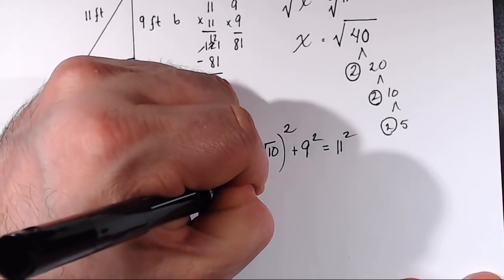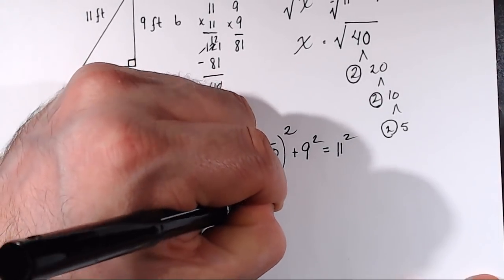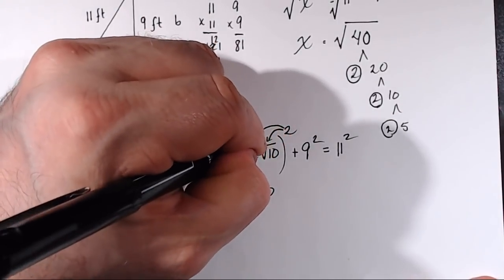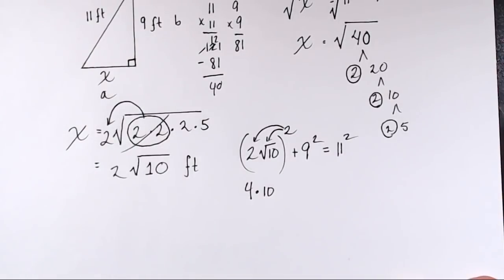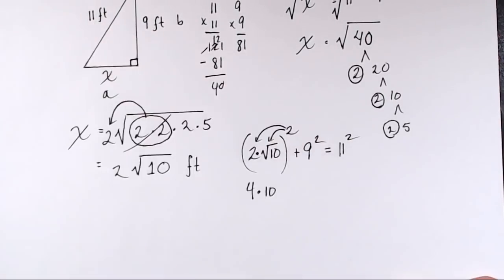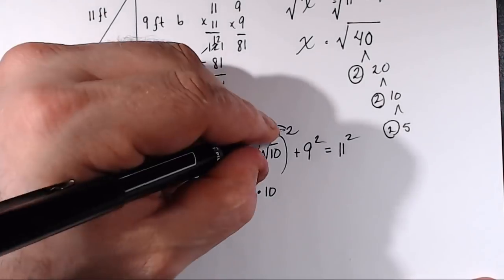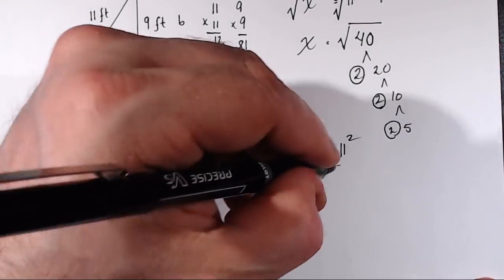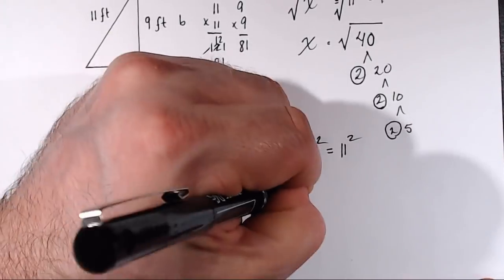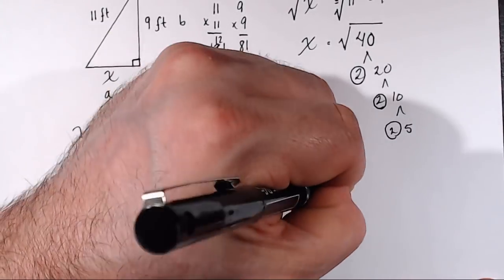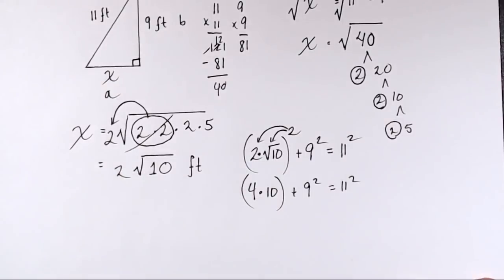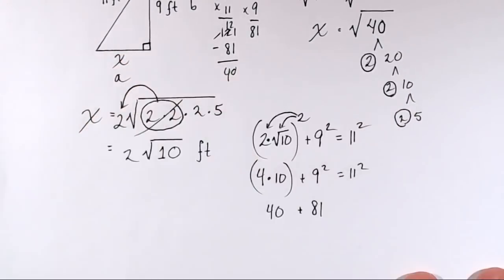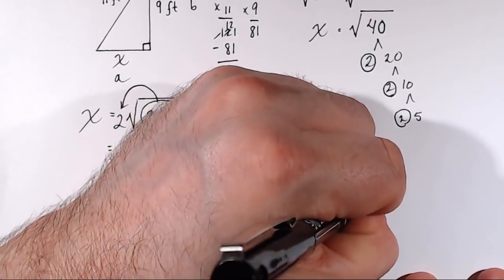Well, it's 4 times 10, because you're distributing the 2 to each of the terms inside, because this is really 2 times the square root of 10. 2 squared is 4, and the square root of 10 squared is just 10. So now it's 4 times 10 plus 9 squared equals 11 squared. Oh, well, what's 4 times 10? That's 40 plus 81 equals 121.